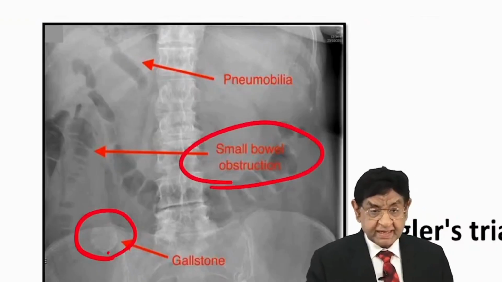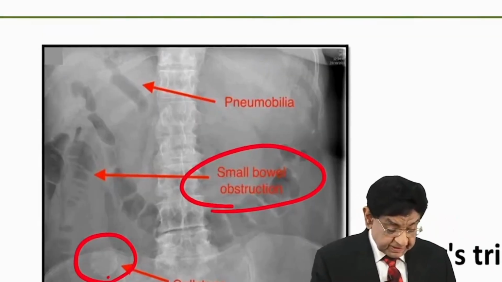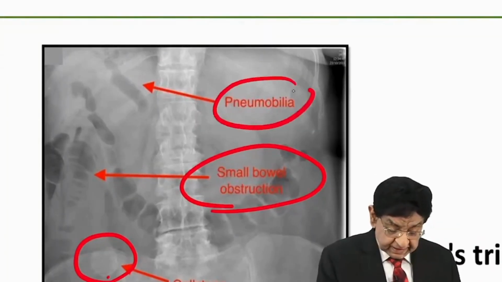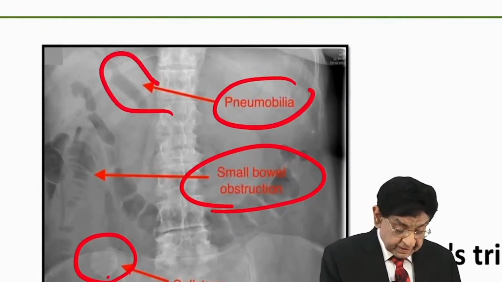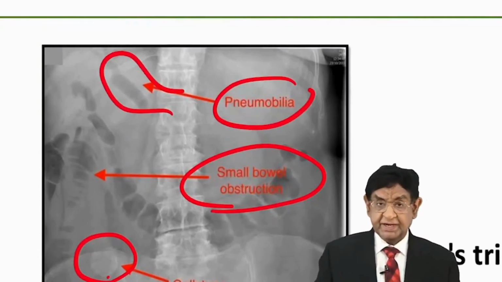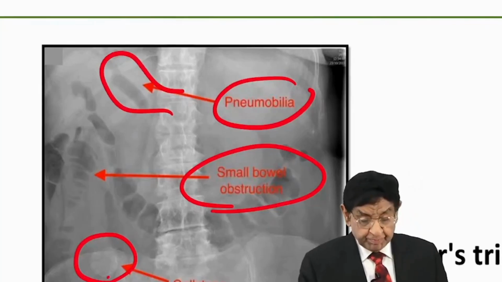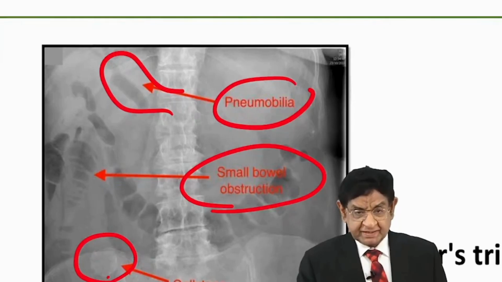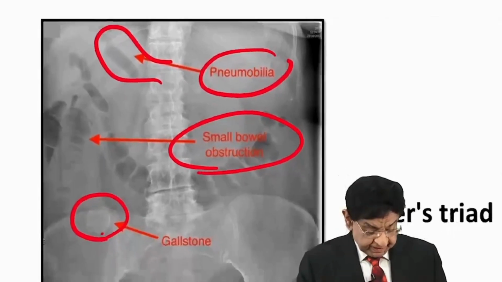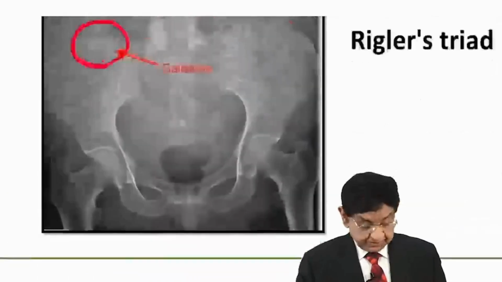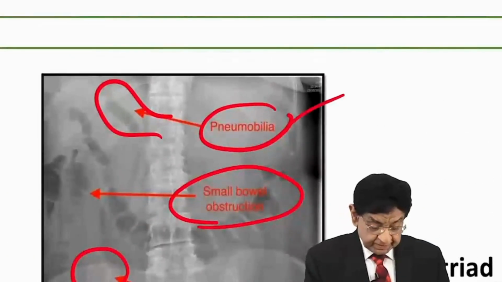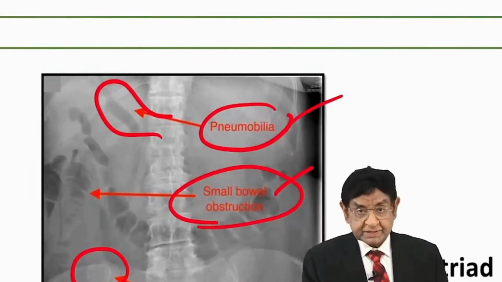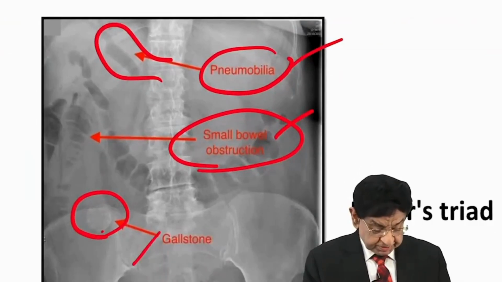You can see multiple levels, and you can see gas in the gallbladder area, so-called pneumobilia. All the three classical findings I have described have been shown in this lovely picture: pneumobilia, small bowel obstruction, and the gallstone.